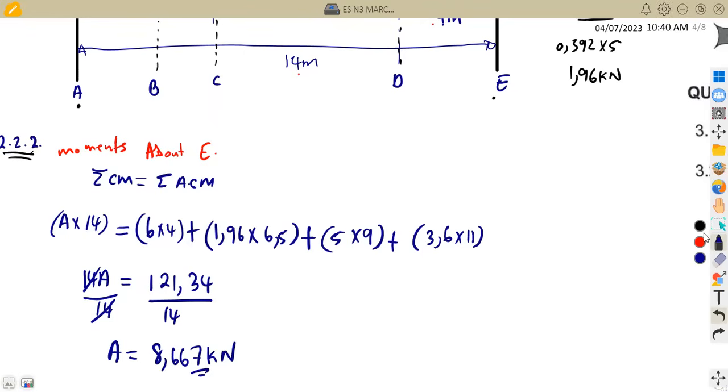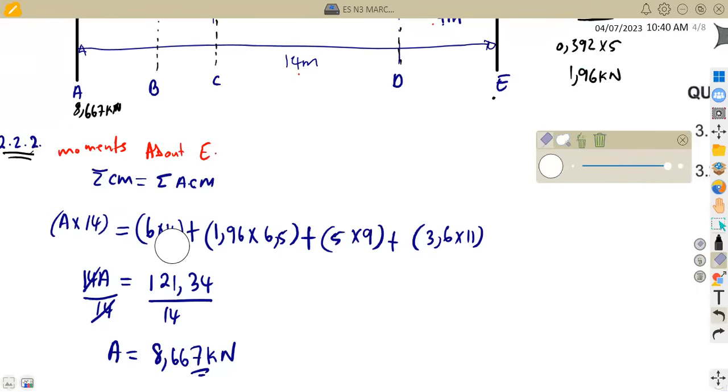All right. So we now have this force, or this point A in this case, which is 8.667 kilonewton.